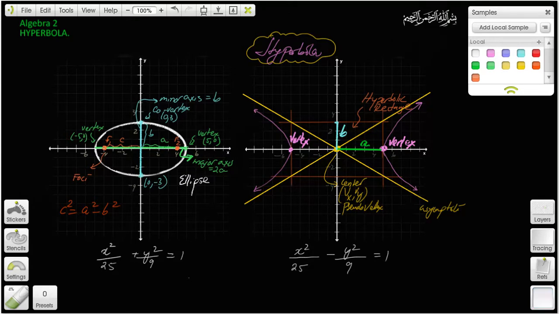Okay, now there's no major axis and minor axis when you talk about a hyperbola, because as I said, major and minor axis is terminology that refers to ellipses, and that's not transferable to a hyperbola, because major and minor axis, so to speak, can be equal for a hyperbola. You can make a hyperbola out of a square, so it doesn't make sense to call something major and minor if they're both equal in length.